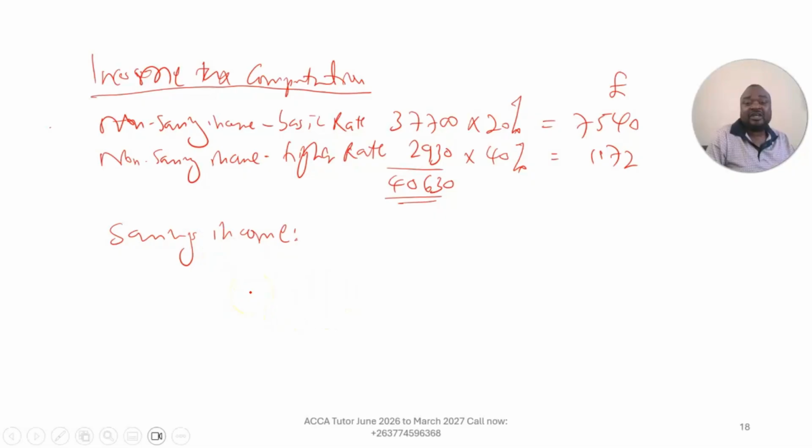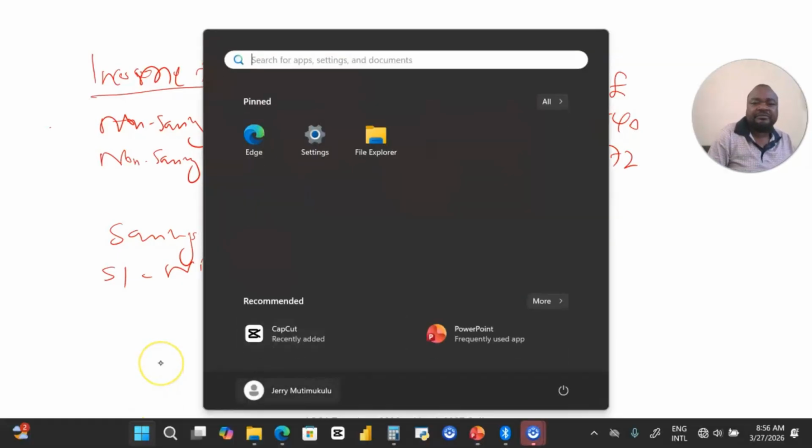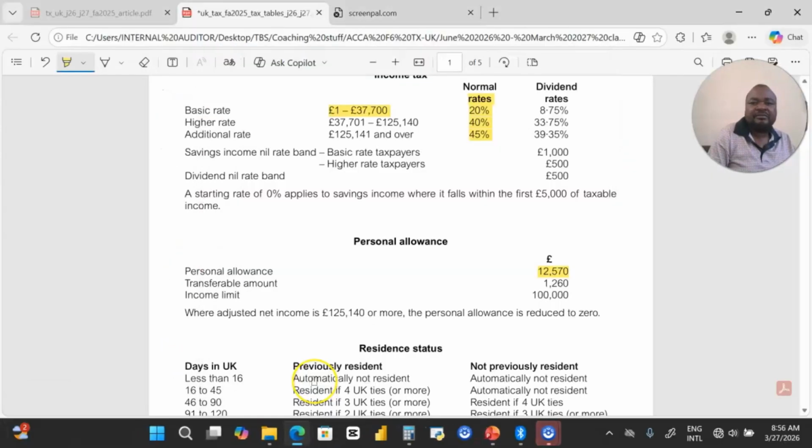Now, for savings income, we are also aware that there is what is called the new rate. According to our tables, the savings income new rate band is 1,000 for basic rate taxpayers, but for higher rate taxpayers, it is 500 pounds.